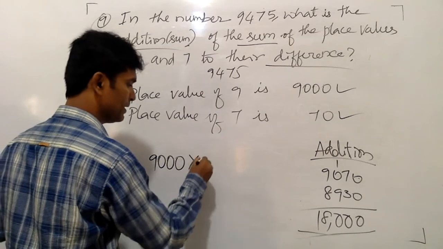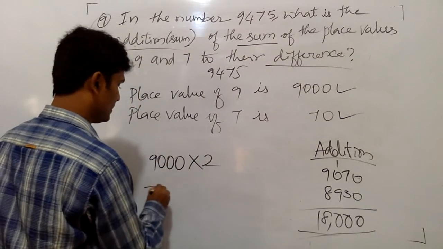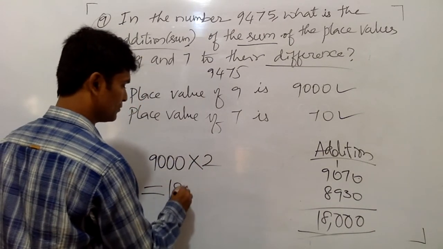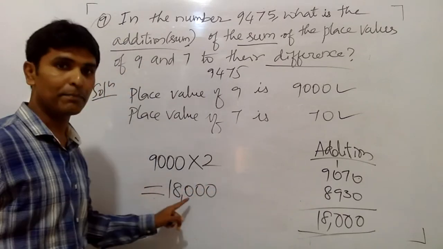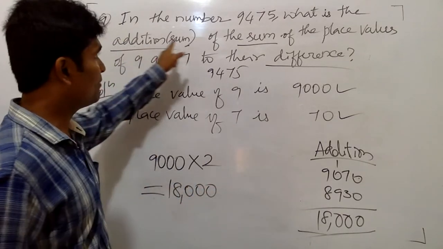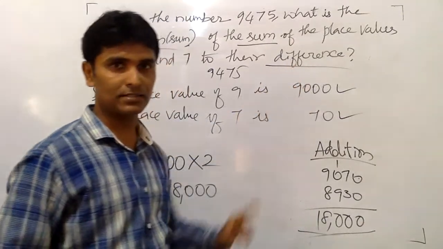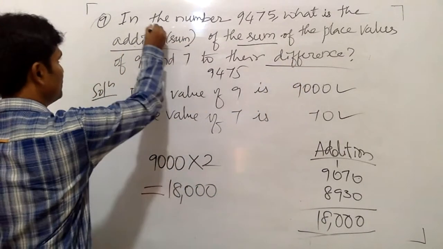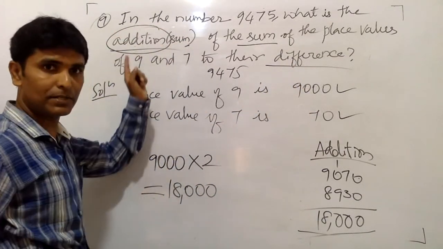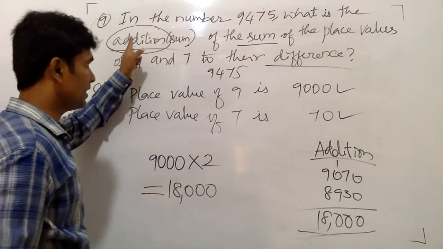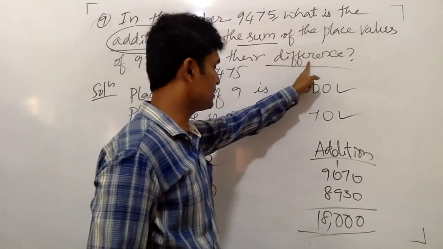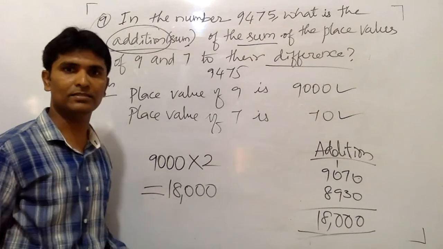I am multiplying by 2. So the answer is equal to 18,000. See, this applies when the addition of the sum and the difference is asked. This is very important. Addition. This is not the subtraction. This is addition. When addition is there, sum and difference is there, then this formula works. This is a trick.